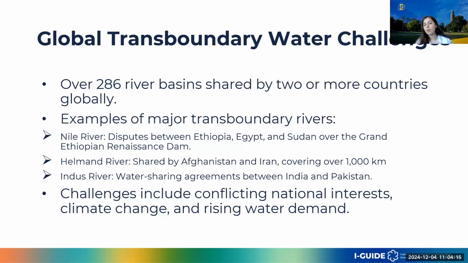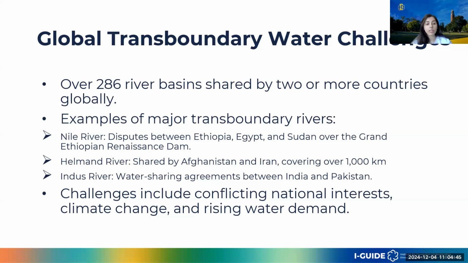So let's go back and see what is transboundary water and what is the conflict about these transboundary waters. So any river basin, any water body that's shared between countries is considered as a transboundary water. So in the world, there are 286 river basins shared by 2 or more countries.